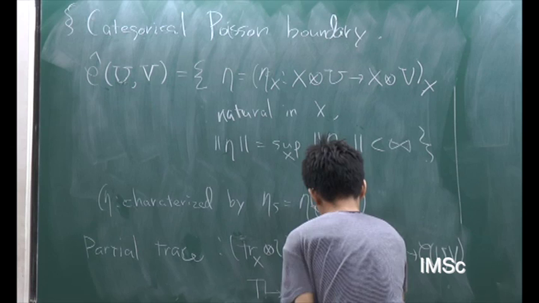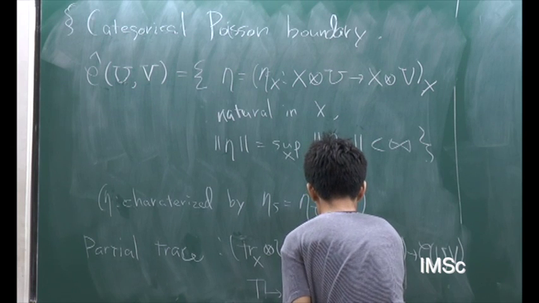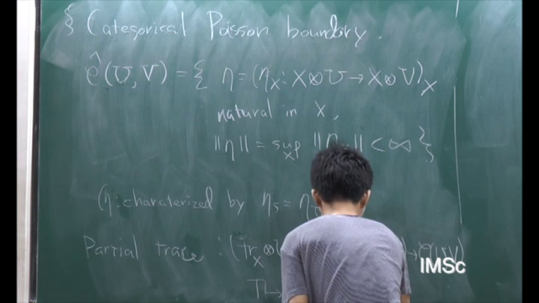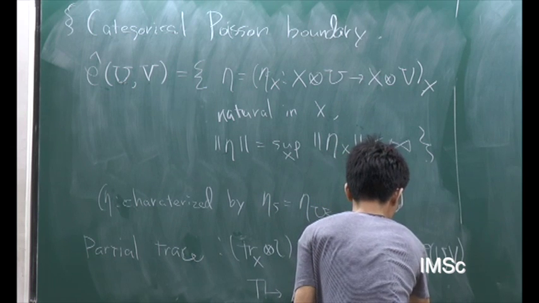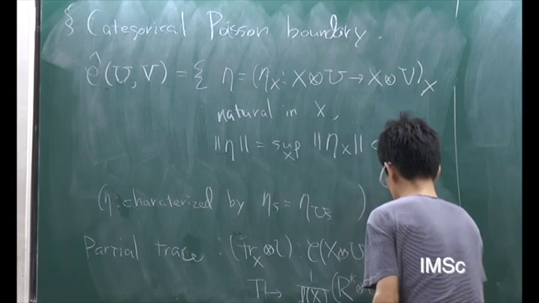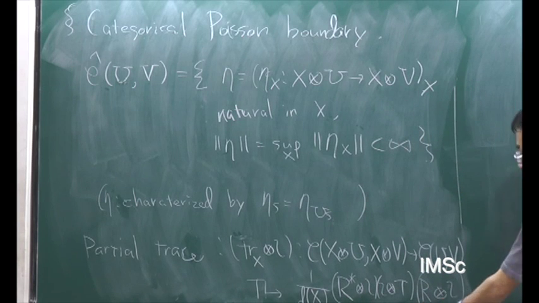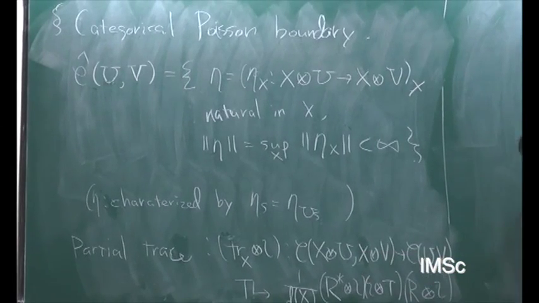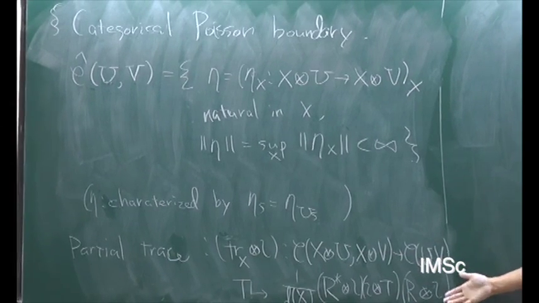One over the dimension, star, iota. You do something like this. And then this is a completely positive map if u and v are equal. And also, if these were tensor units, then it is the normalized trace.